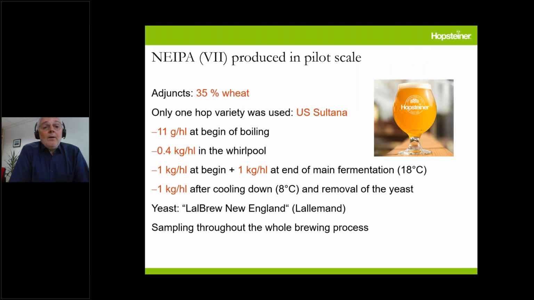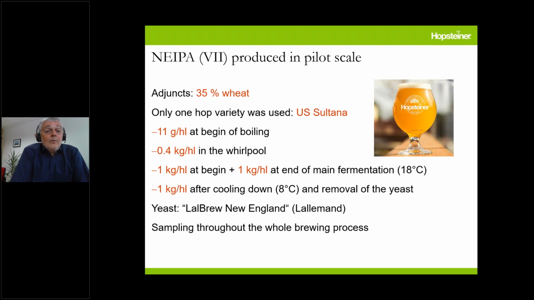And now we come to our New England IPA of our pilot scale, because I would like to give you some insights we got from this study. We used 35% of wheat adjuncts here, and as I mentioned, only one hop variety was used, the US Sultana variety. We added very little hops at the beginning of boiling, 11 gram per hectoliter.